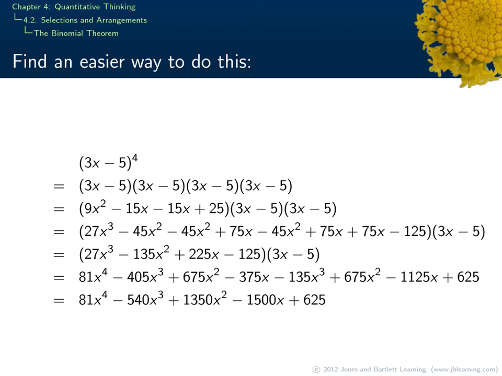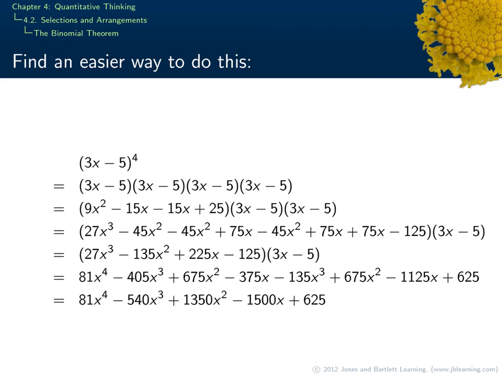And one way that combinations come up in algebra is through what's called the binomial theorem. So you might remember in algebra multiplying polynomials and how difficult that can be. Like, for instance, if we took this binomial 3x minus 5, and we raise that to the fourth power, that means you've got to take 3x minus 5 times itself 4 times.